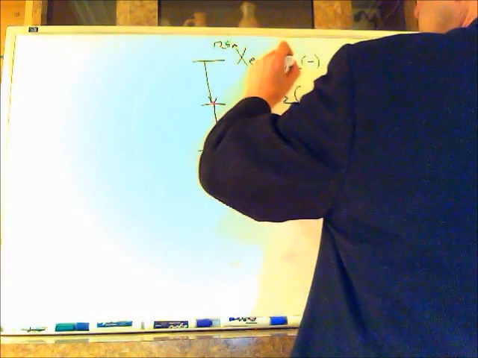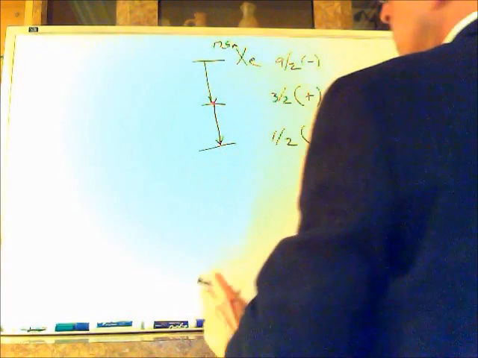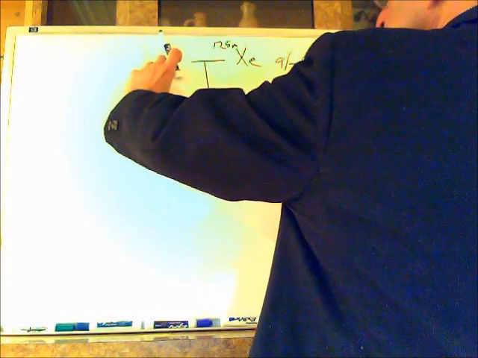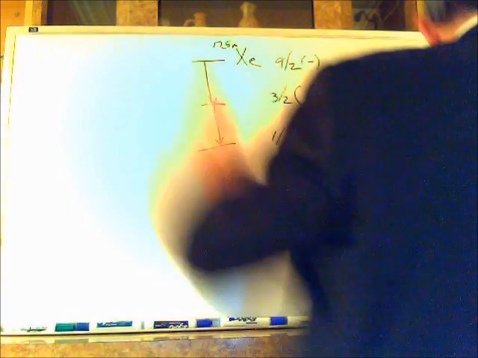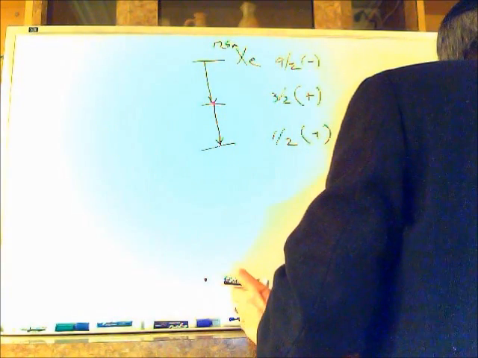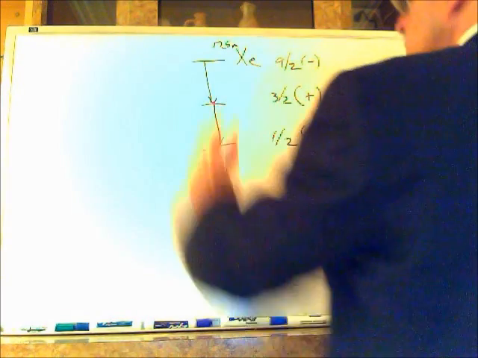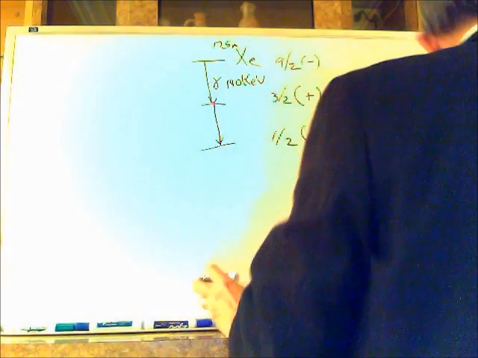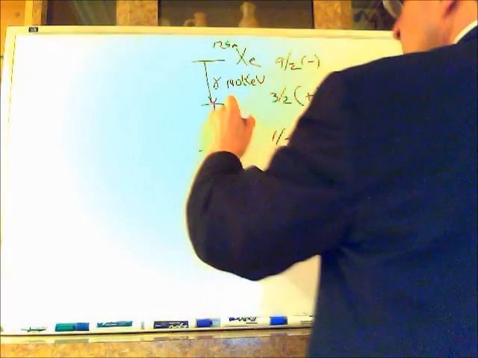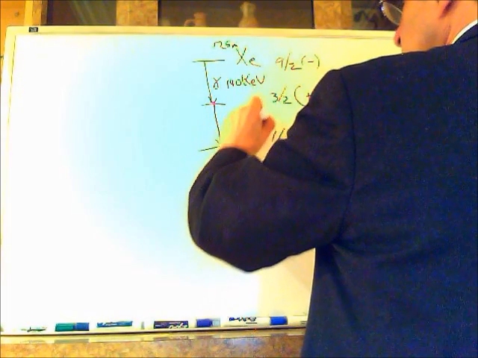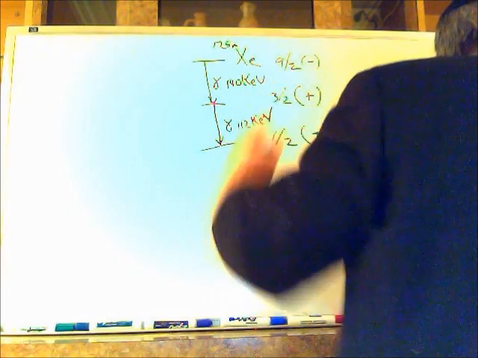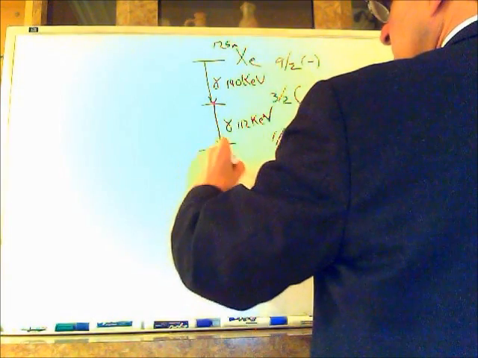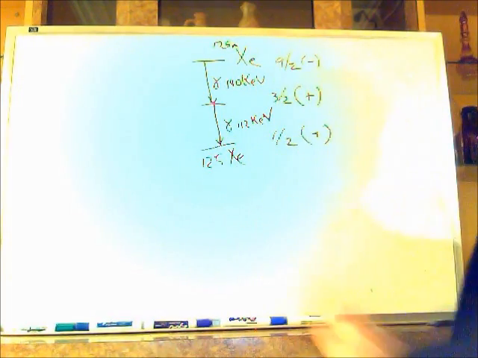It turns out that this transition, going from 9/2 to 3/2, is what is known as a spin-allowed transition. So this is a transition that has some reasonable probability of actually occurring, and that emits a gamma of 140 keV, 1,000 electron volts, and then there's another one that is a gamma of 112 keV, and that goes all the way to the ground state of xenon 125. So you've got these two.